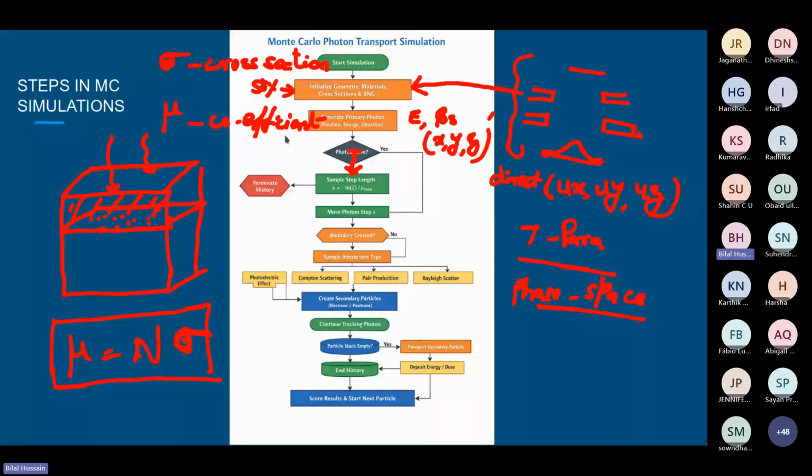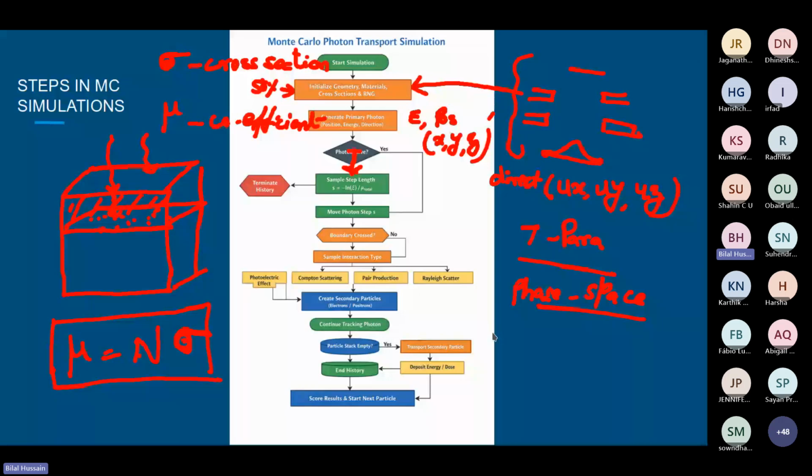Okay. So here, as the photon enters, the first thing is, based on my mu value, the photon may go without interaction up to a certain distance. We call that the mean free path.